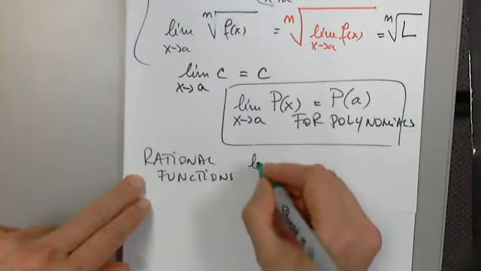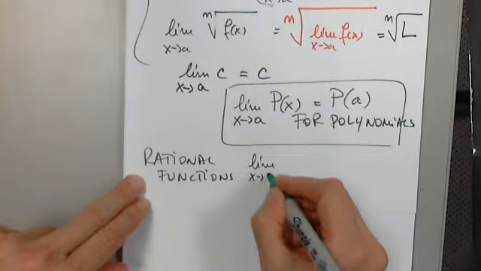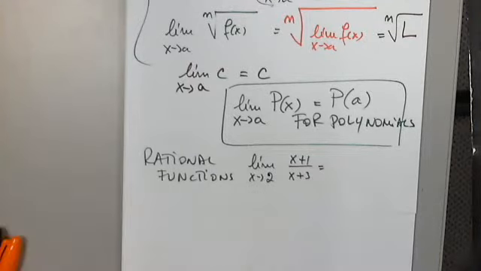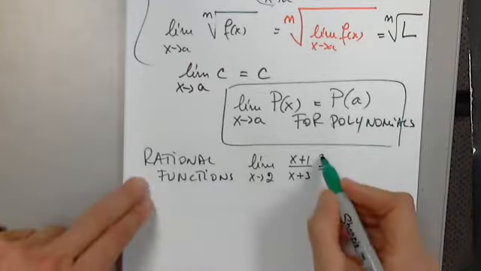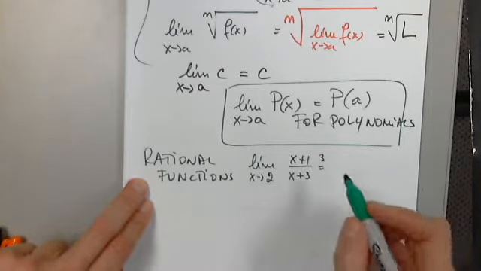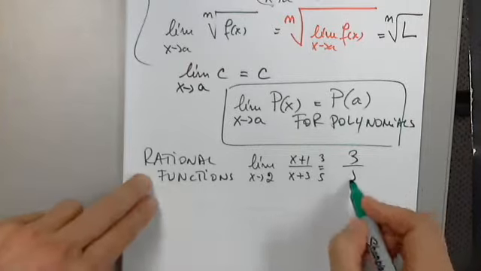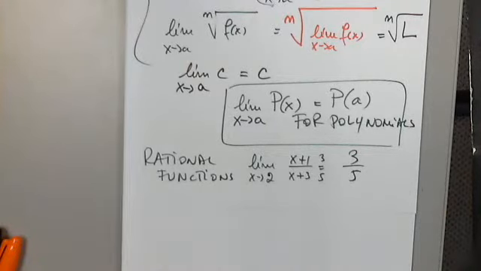What if I don't get an indeterminate case? For example, what if I have the limit as x approaches 2 of x plus 1 over x plus 3? I still have to plug it in. What do I get at the top when I plug it in? What do I get at the bottom when I plug it in? What is the limit? That's it. It's not an undefined situation. It's not an indeterminate situation. So what does this say?